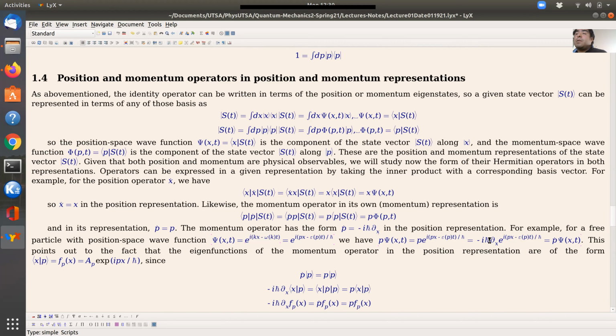If you took the partial derivative with respect to x of this function and then multiplied by minus i h bar, you would get P. Taking the derivative, you will have iP divided by h bar. Then you multiply by h bar, you take out the ratio, then you'll have minus i squared, which is equal to 1, and you just get yourself P.